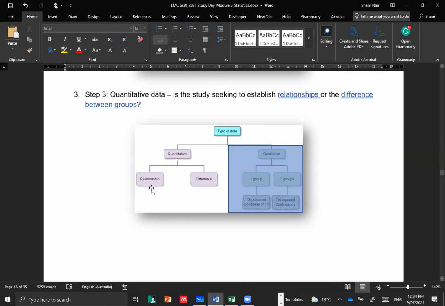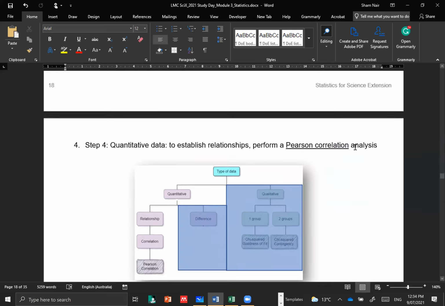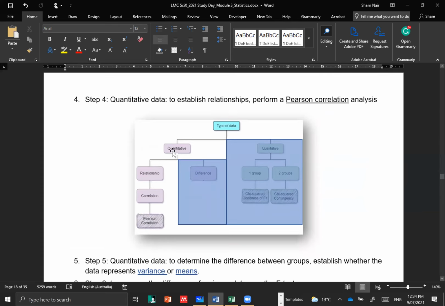So once again, going back to our example, think of the two data sets that we got. Are we trying to establish relationship, or are we trying to compare the difference between the data sets? If you're trying to establish the relationship, go all the way towards the left and do Pearson correlation. There's only one tool for that.